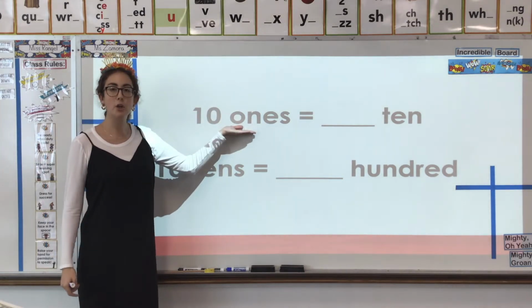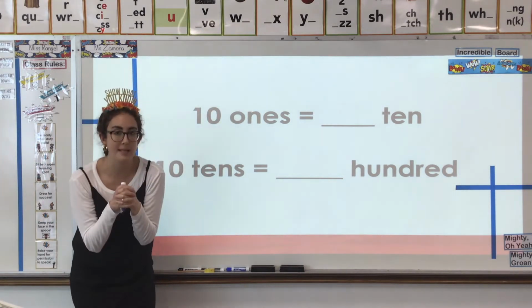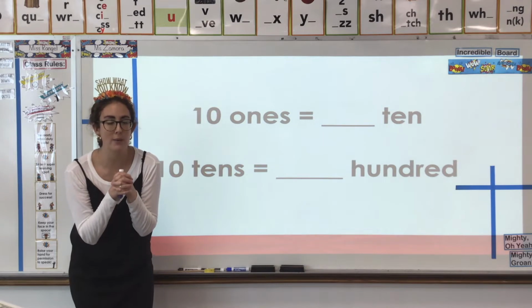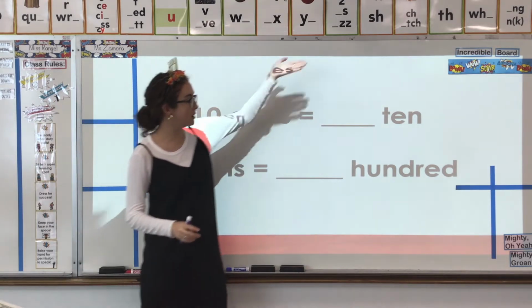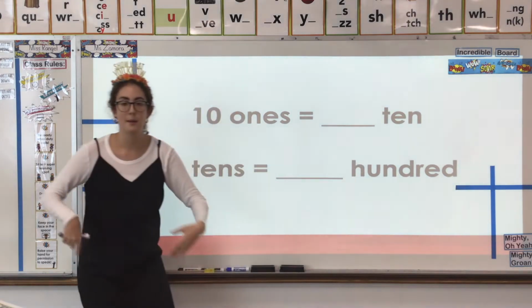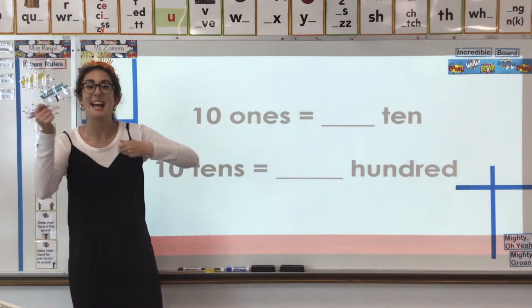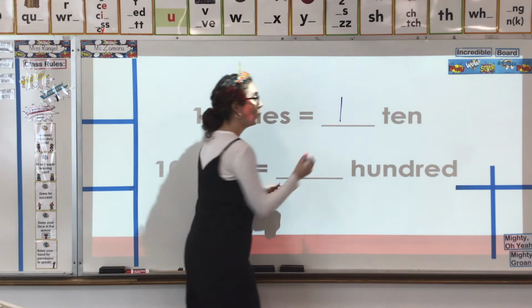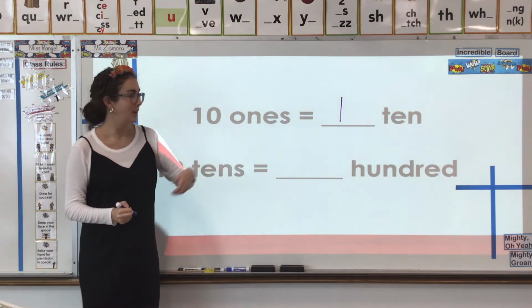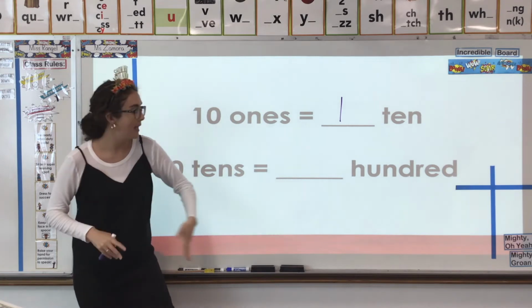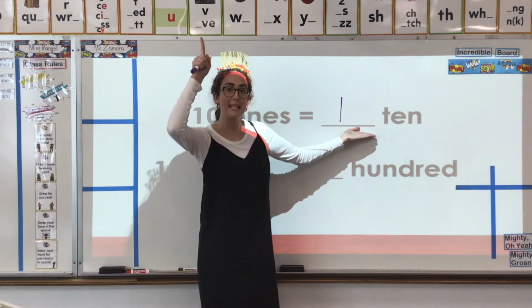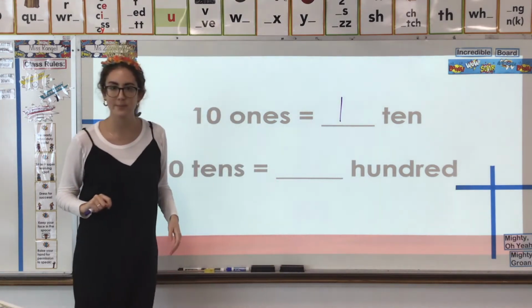So we have a group of 10 ones. That's a smaller unit. So 10 ones equals how many tens? Equals just 1 ten. Because 10 ones is the smaller unit, and they equal 1 ten of the bigger unit.